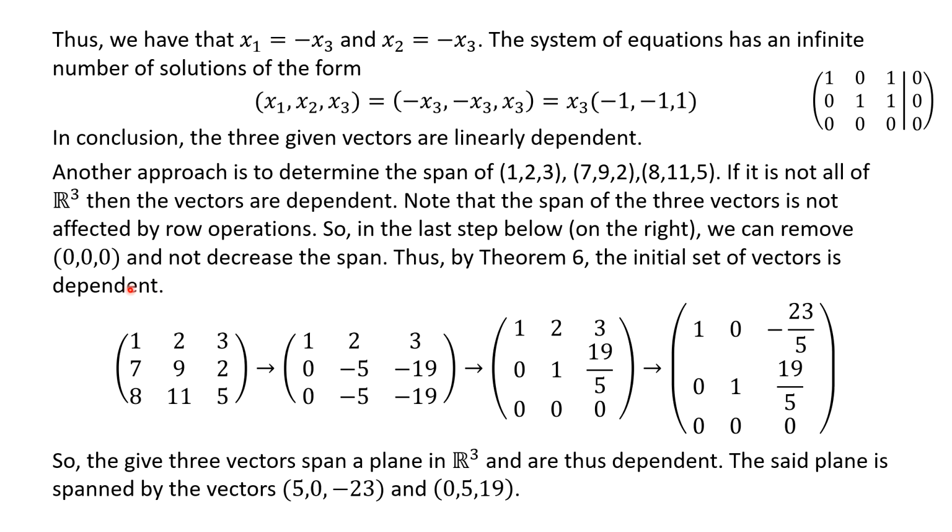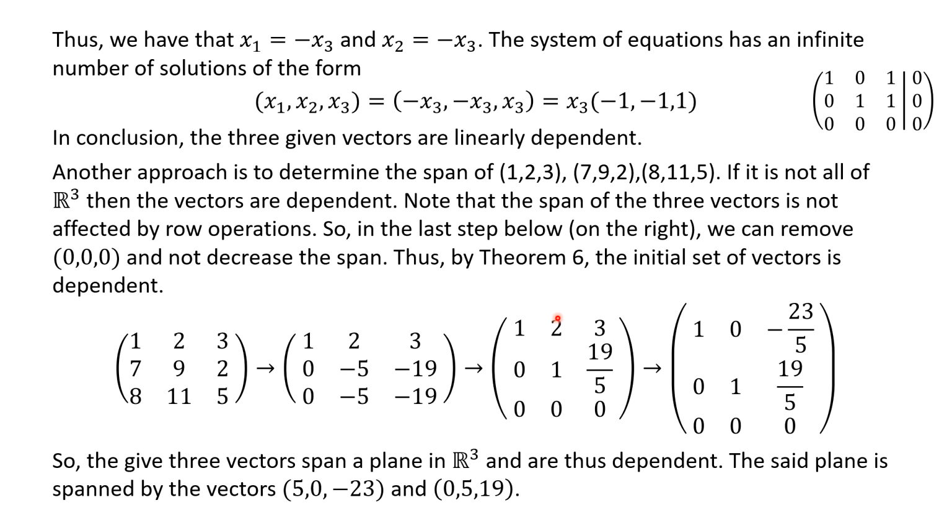We take 7 times the first row from the second, and then 8 times the first row from the third. We get this here. We divide the second row by minus 5. Then we can also eliminate the third row because these are exactly the same, so we can subtract one from the other.